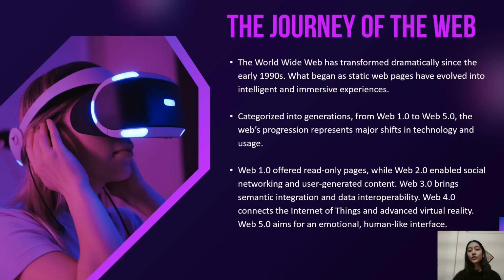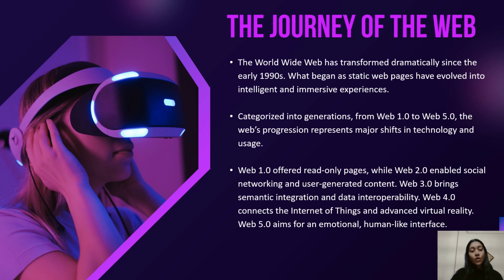So let's look at the journey of the web. The World Wide Web has transformed drastically since the early 1990s. Earlier, there were static web pages which have now evolved into intelligent and interactive web pages. The web has various generations such as Web 1.0, 2.0, 3.0, 4.0 and 5.0, which tell us about the major shifts in the technology and its uses.